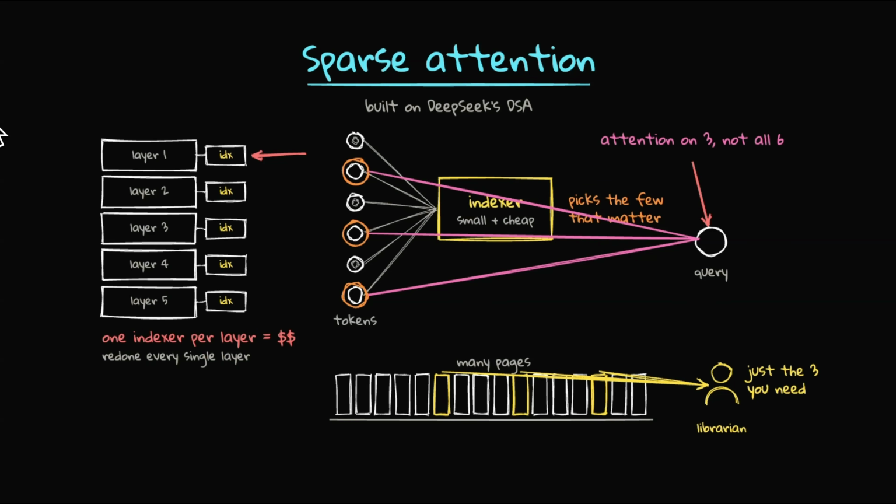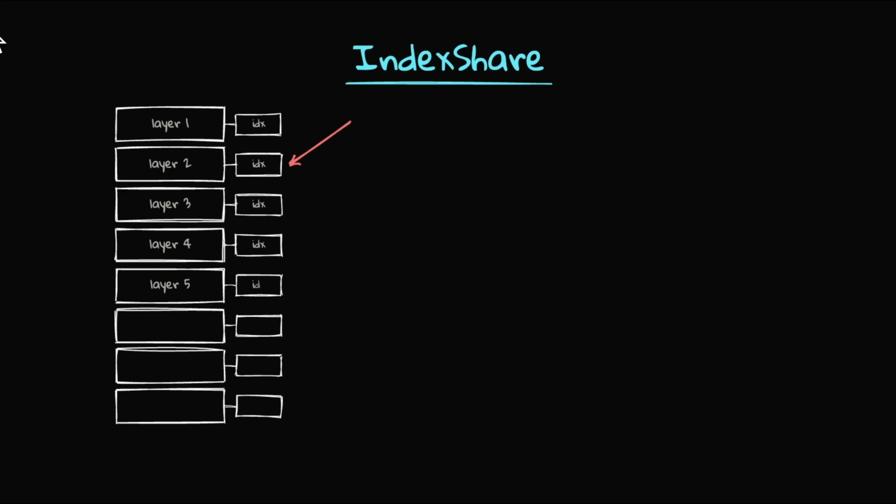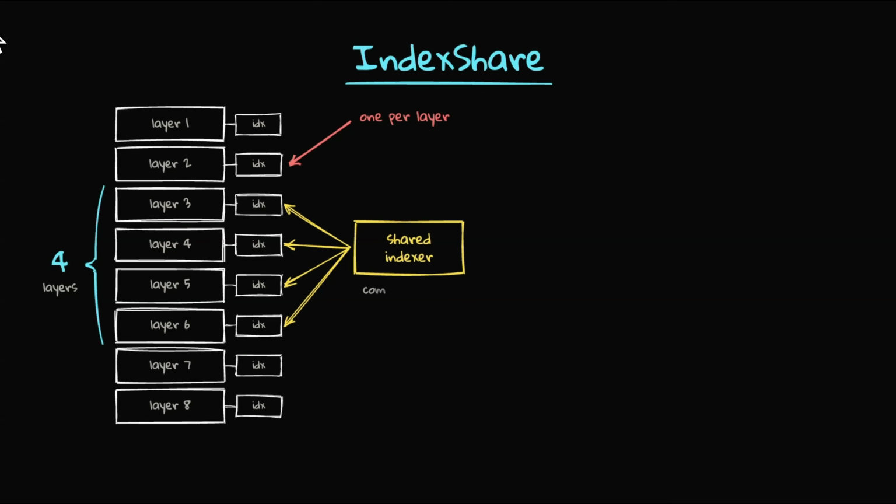And naively, you would run that indexer all over again in every single one. And that's exactly the problem IndexShare solves. So instead of computing a fresh indexer in every layer, GLM 5.2 computes it once and reuses it across 4 layers in a row. So 3/4 of that indexing work is actually just vanishing.